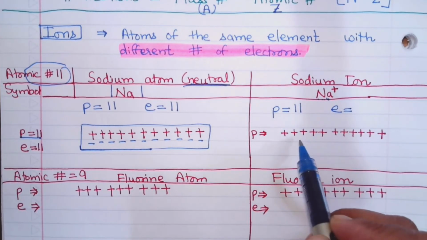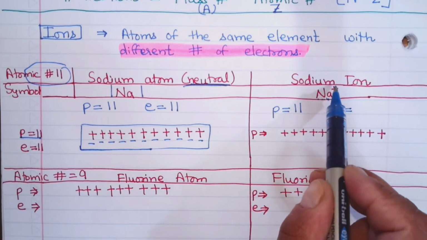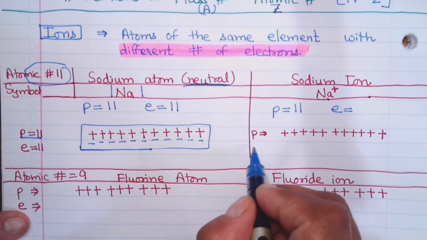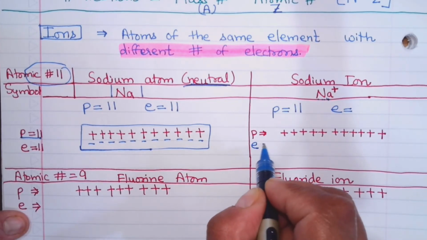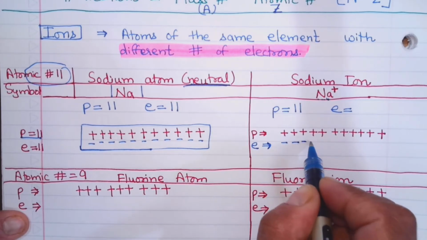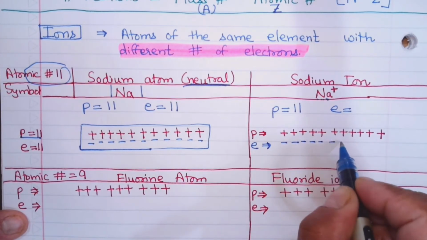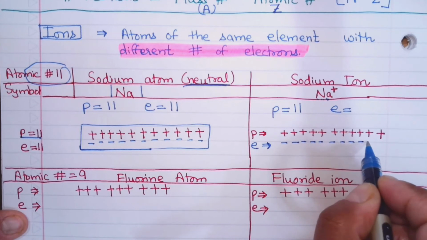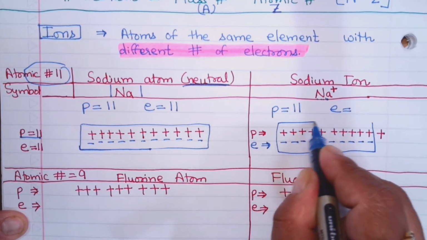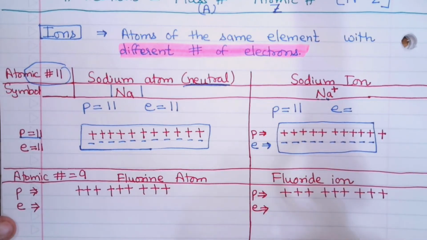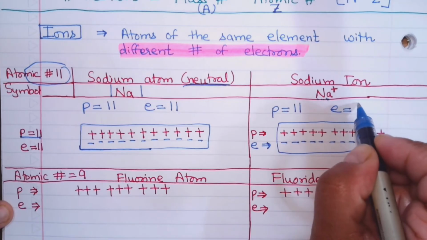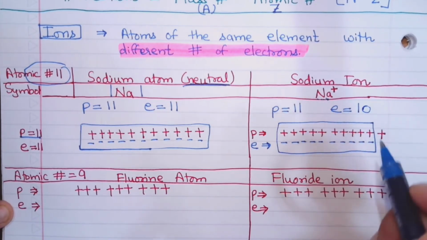Now see, there's a charge of +1 on the sodium atom, right? So it means there is an additional positive charge, meaning one of the positive charges was not balanced by the number of electrons. So it should be 1 electron short, right? So there should be 10 electrons, right?